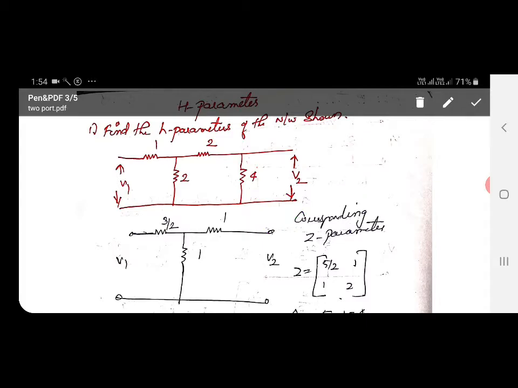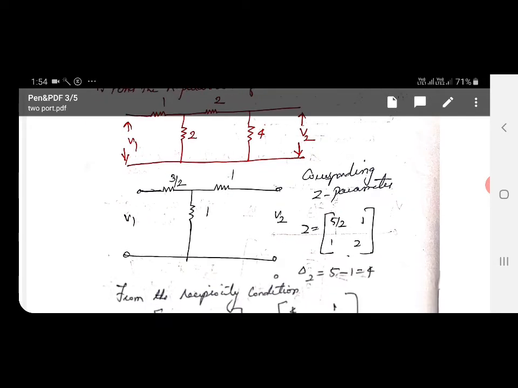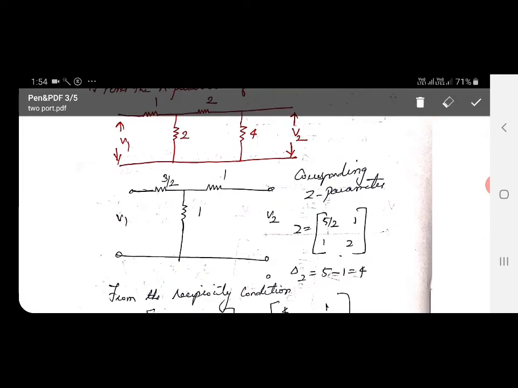And then we just form the T parameter matrix. This equivalent pi network should be converted into a T network, and then we obtain this T network matrix. This is the corresponding T network obtained from the above pi network.